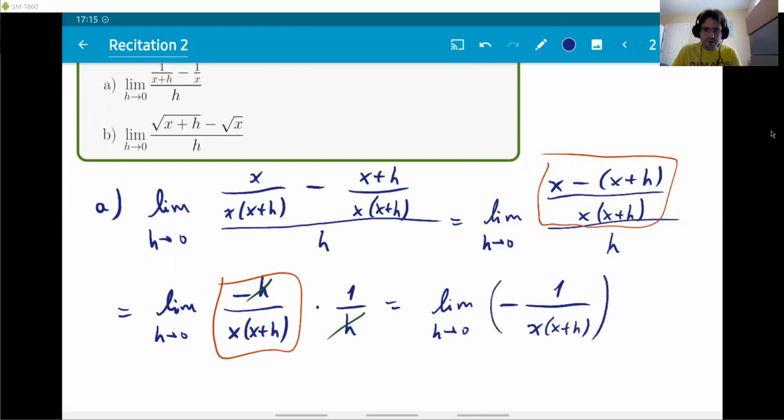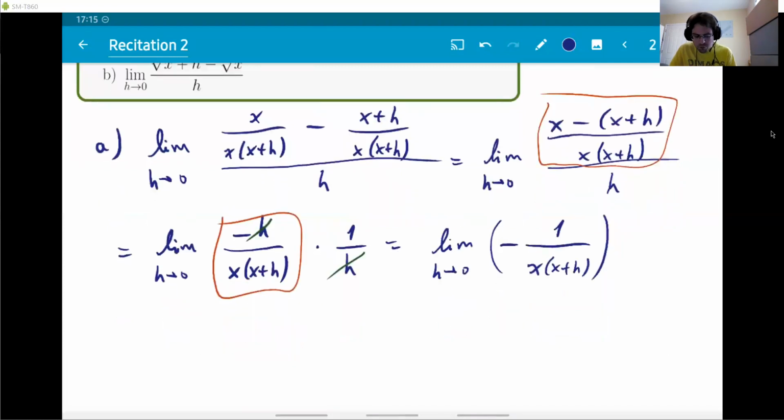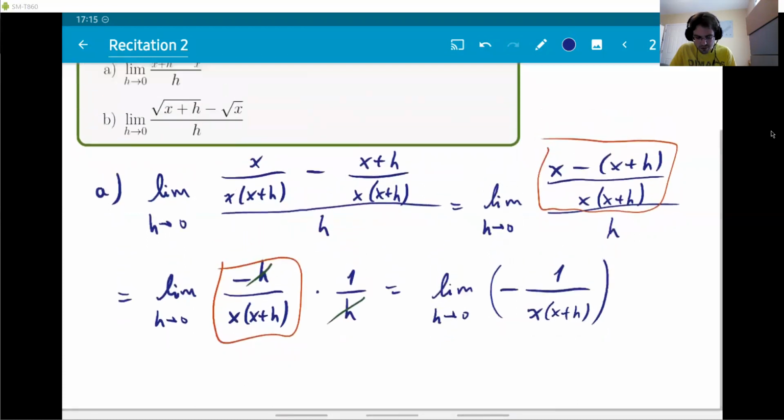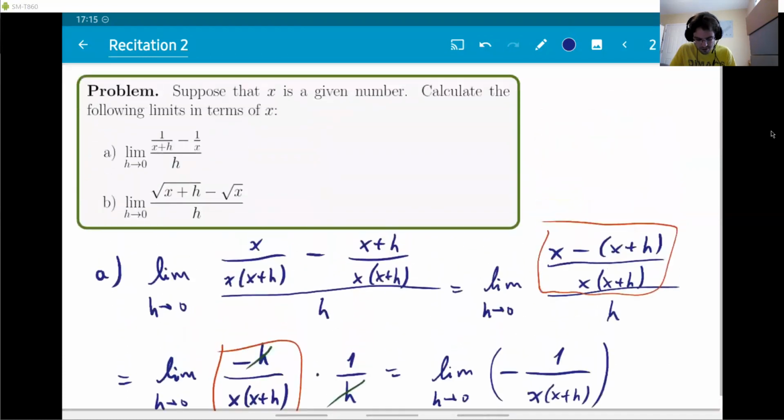Okay, what is this now? Again, the variable in the limit is h. That's the one for which we try to plug in 0. And if you try that now, you can see that it works. So I guess one important thing that I forgot to mention in this problem, so I'm going to add it to the problem statement. I just said x was a given number. I should have said something more for both items, actually.